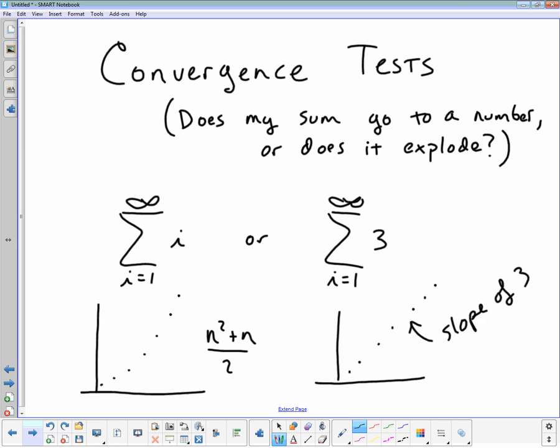All right. So these things explode out to infinity as they get bigger and bigger. In order for my guy to not explode, what has to happen is that my individual terms, first of all, can't stay the same. If my individual terms stay the same, then I have a situation like this. If my terms get bigger, then they explode like that.